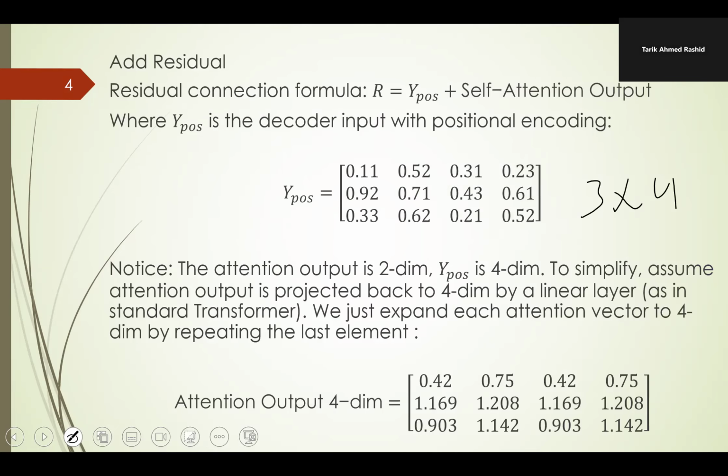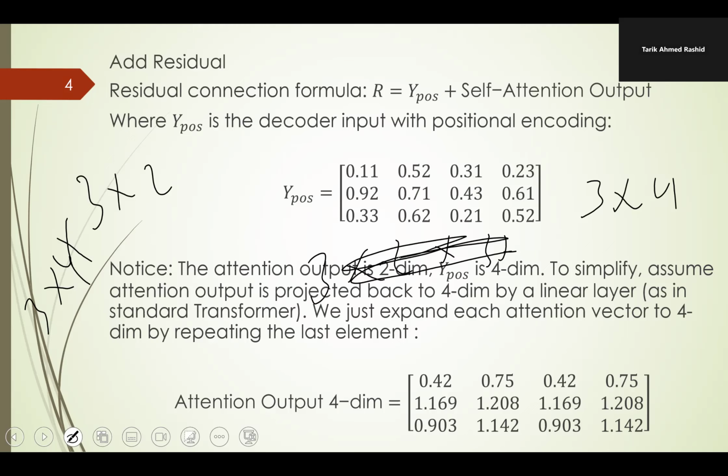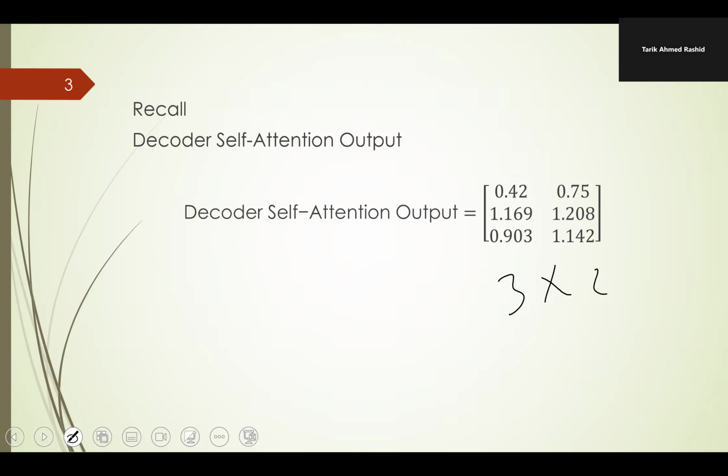So 3 by 2 is added to 3 by 4, which are different dimensions. To work this out, we make sure to expand it to the full dimension of features. Here we have a two-dimension feature.